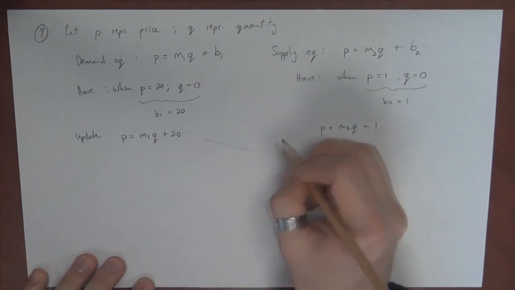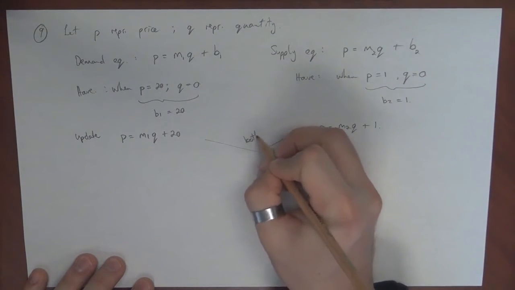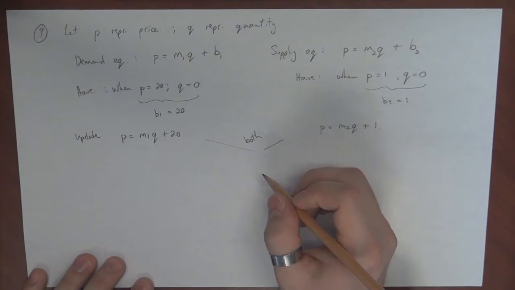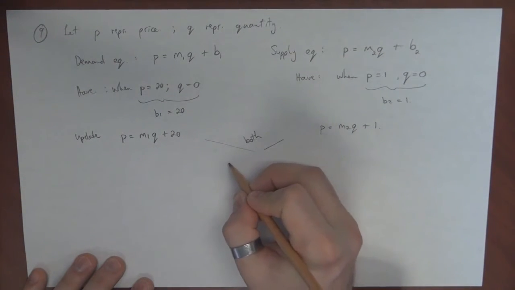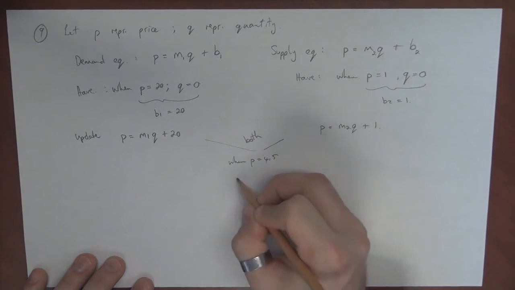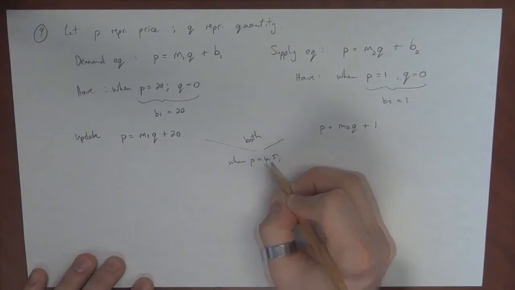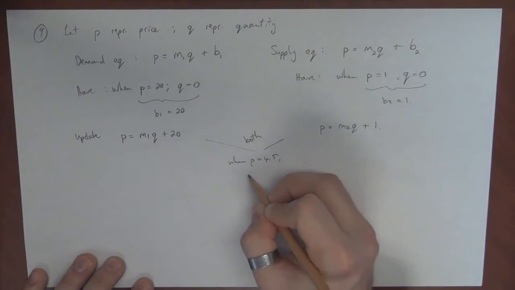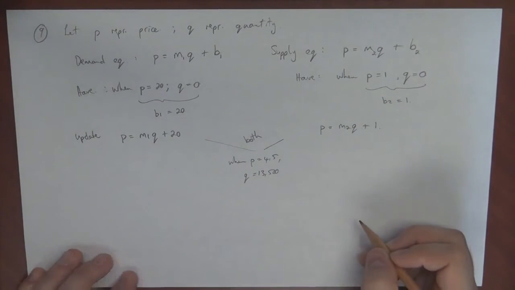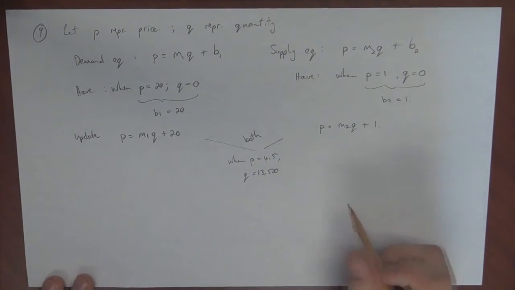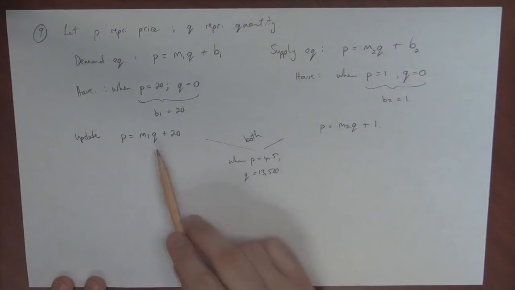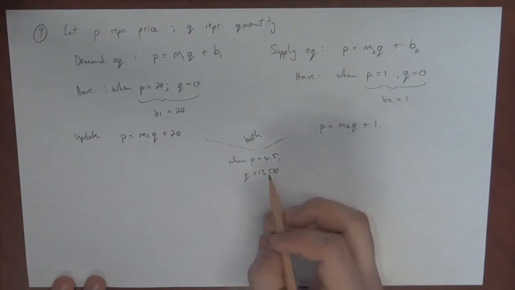Now for both, they give me the information that I have 13,500 units at a price of $4.50. So when P is 4.5, Q is 13,500. So I can plug that in and get the value of M in each case.